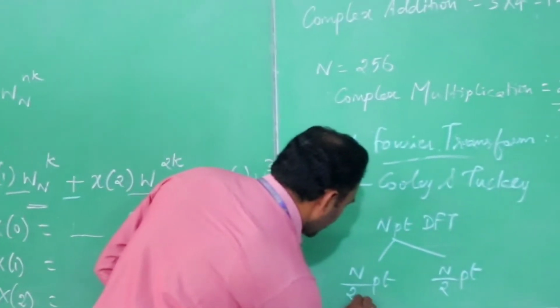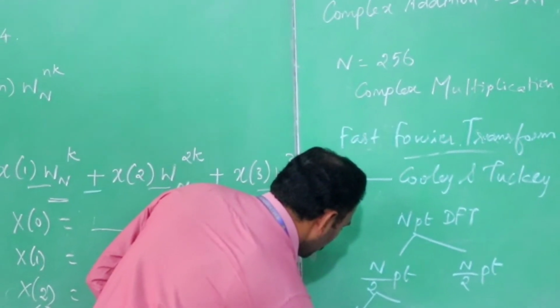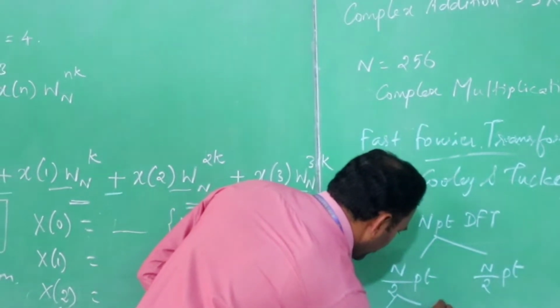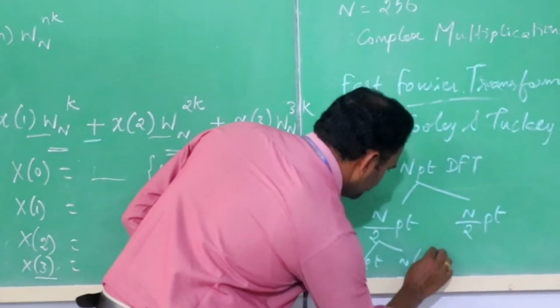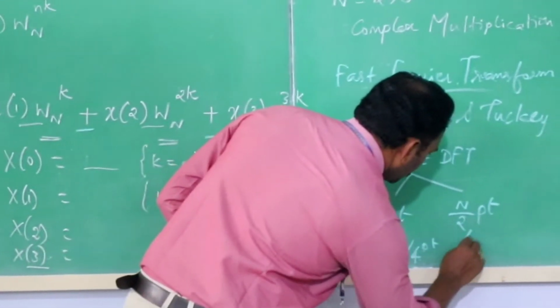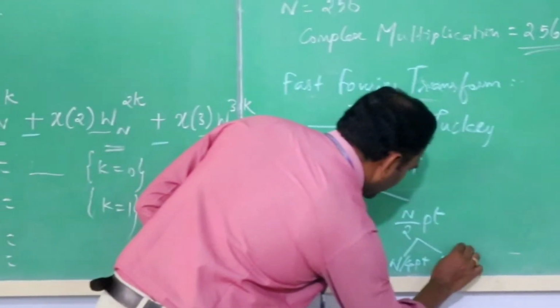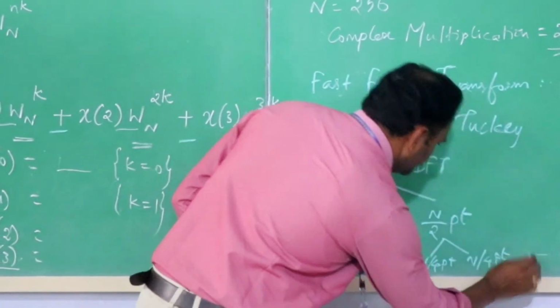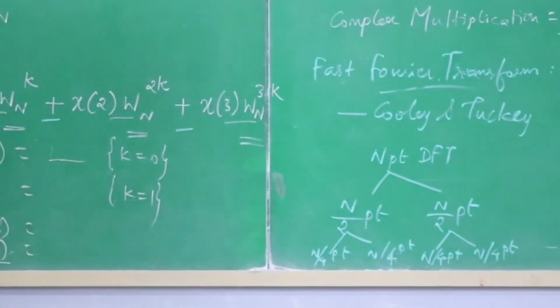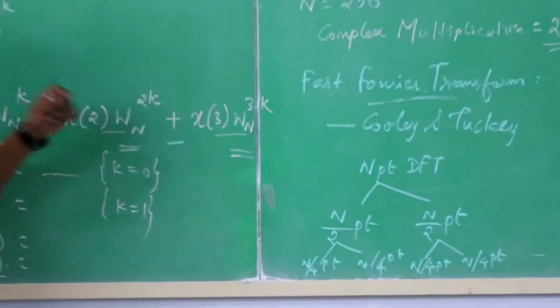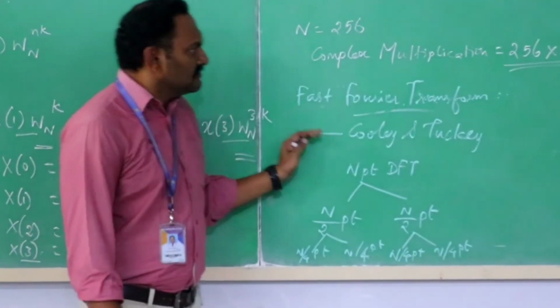Likewise, N by 2 we can subdivide into N by 4 point and also N by 4 point. Here also N by 4 point and here also N by 4 point. Okay. Like this we can solve the fast Fourier transforms.